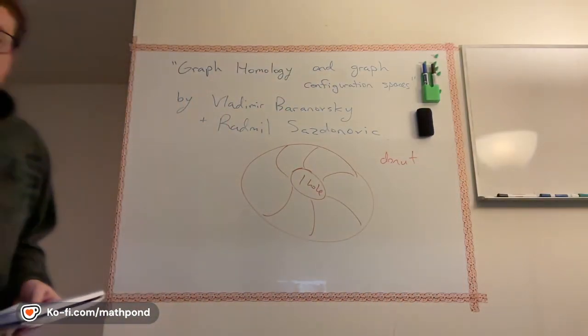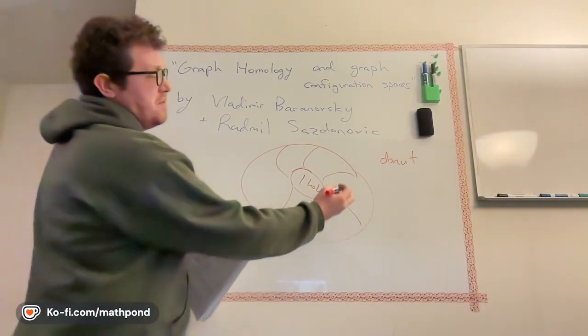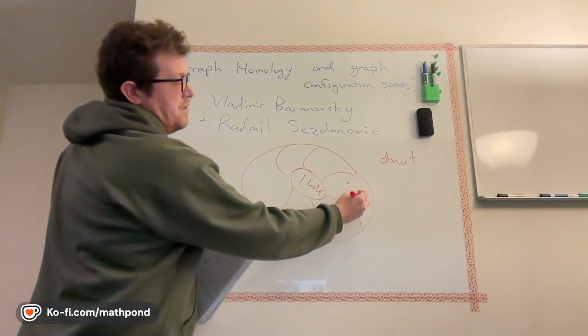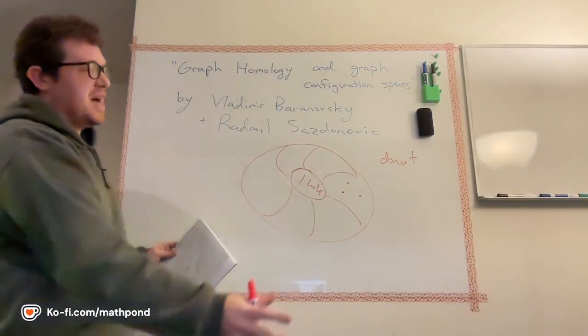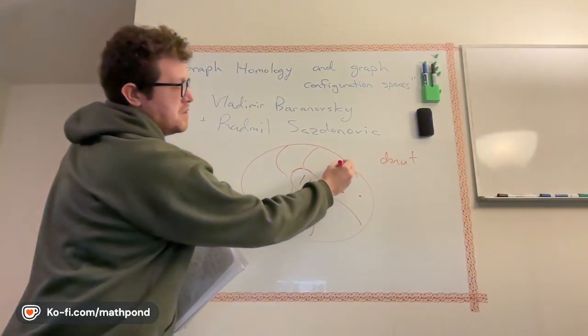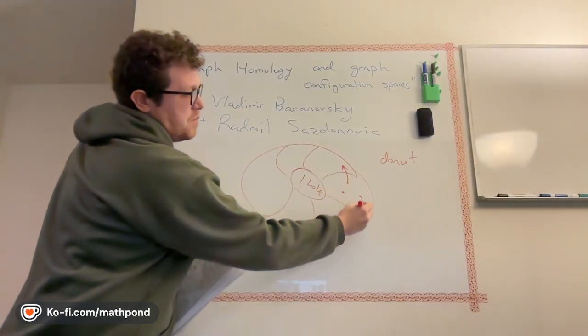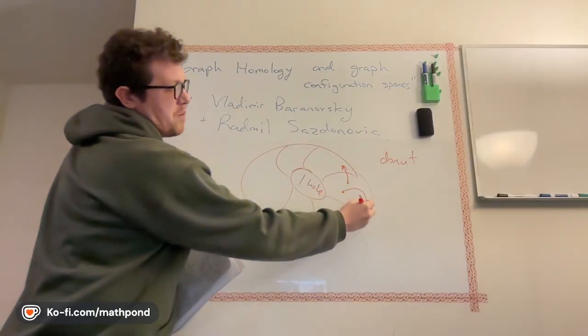Right, and so configuration spaces in physics asks the question of, if I take a bunch of points on a manifold and I look at the space of all possible configurations of those points, so I can move this point around to somewhere else, I can move this point somewhere else. I could also have these points wrap around each other.